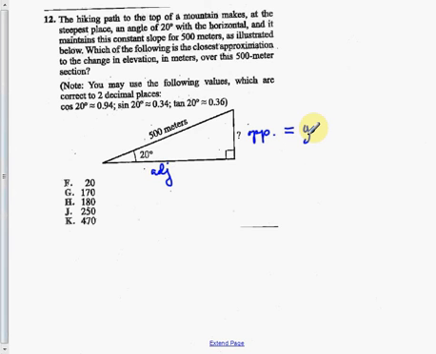I want to solve for y using one of those trig forms. I got sine, cosine, tangent. That's all you need. The other three, secant, cosecant, and cotangent, are just the reciprocal of those. So the main three we need are cosine, sine, or tangent, used here to get that opposite side.